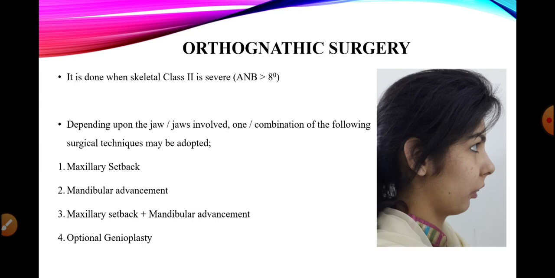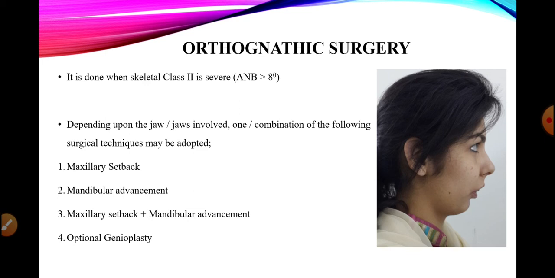And in those cases, if we go for orthodontic camouflage, it will further worsen the facial aesthetics. In those cases, we will be going for a combined orthodontic and orthognathic approach, and usually it is done when the ANB, that is the relationship of the maxilla and the mandible in the sagittal plane, is more than 8 degrees.